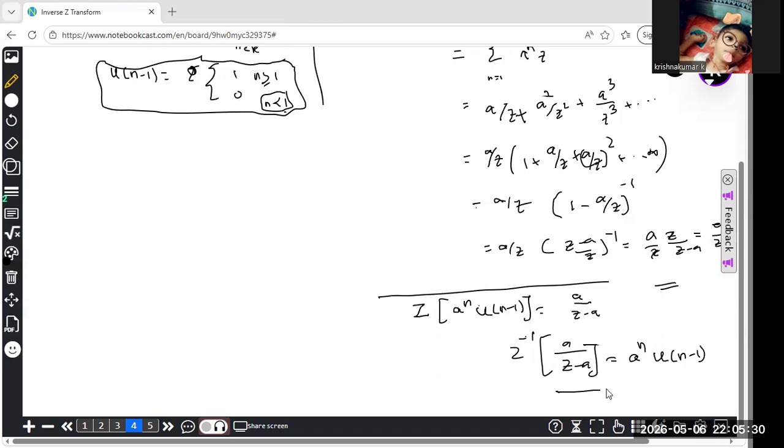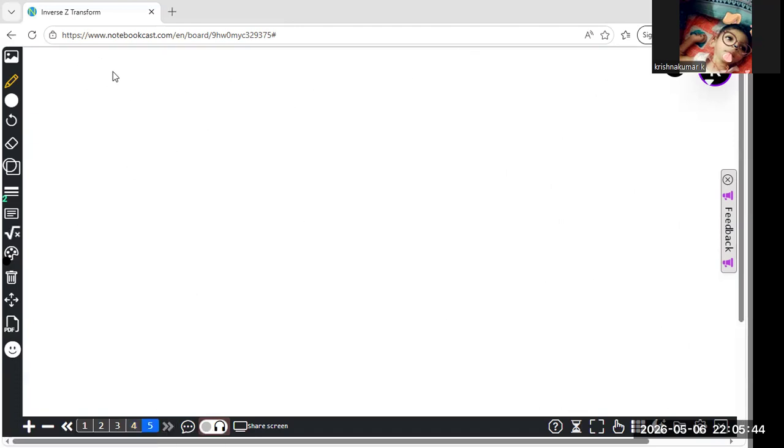So this is the reverse process. Now I am going to use this idea to find the inverse Z transform of the given function. As I told you earlier, the given expression will be inverse Z transform of Z by Z minus A into Z minus B.